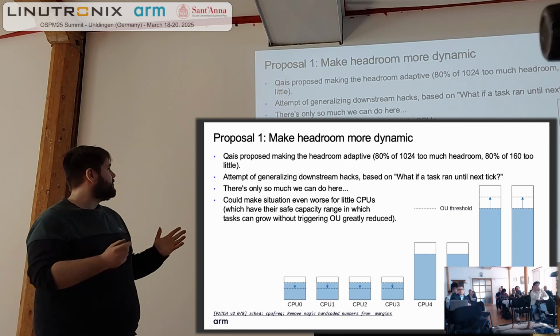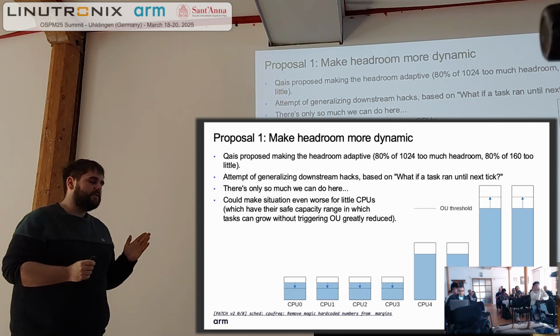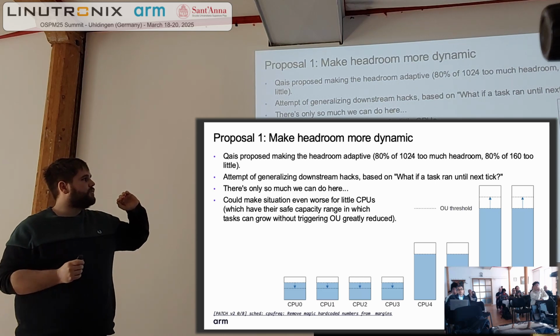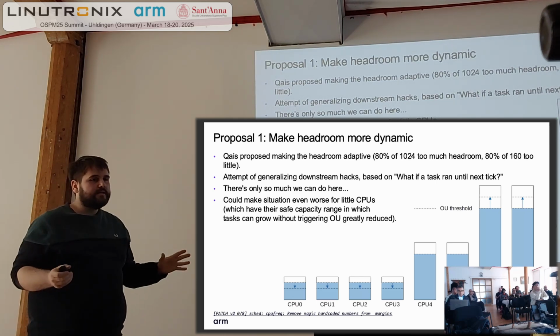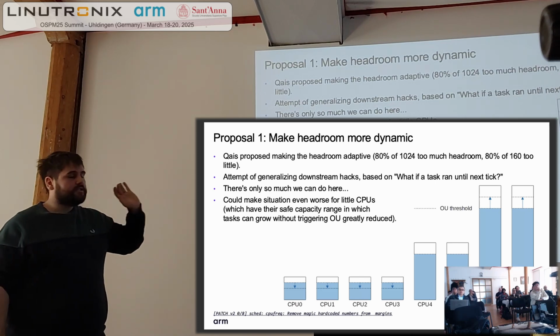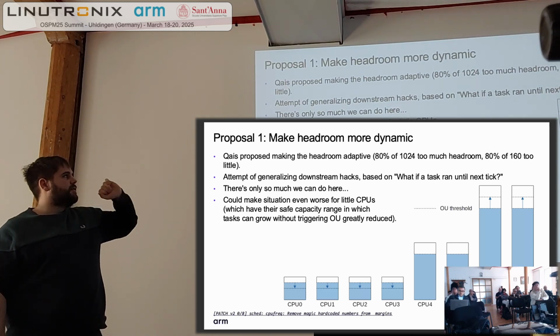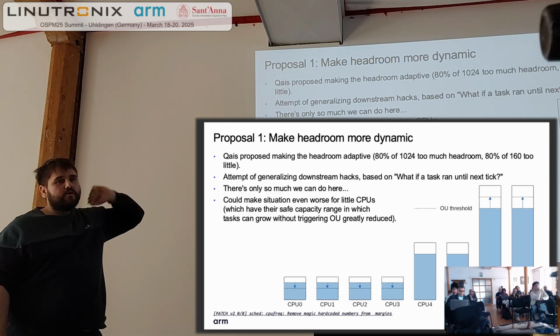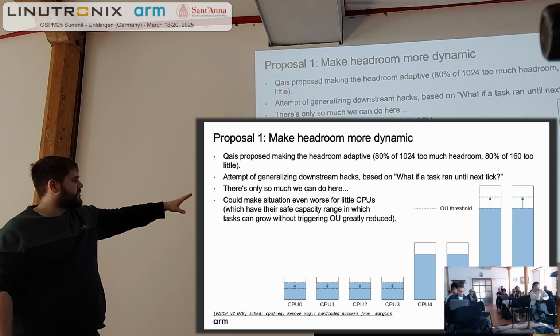What can we do about that? There was one proposal, Kai's, a very early proposal to make the headroom or the threshold more dynamic. Currently, it's just 80%. And it's quite clever, actually. Basically realizing that 20% of 1024 is still a lot we're leaving on the table, while 20% of 160 isn't.